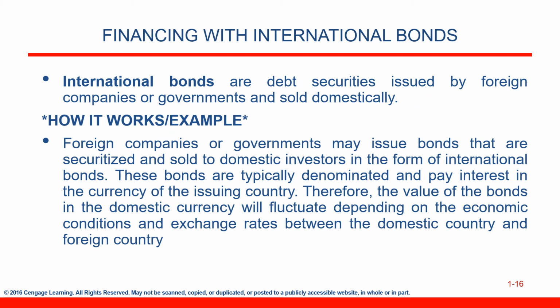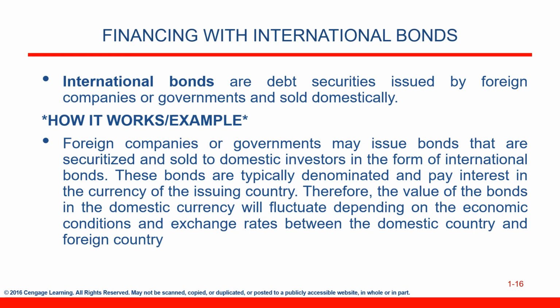Next, financing with international bonds. Especially if it's a very large corporation, they venture into international bonds. International bonds are debt securities issued by foreign companies or governments and sold domestically. How does it work?